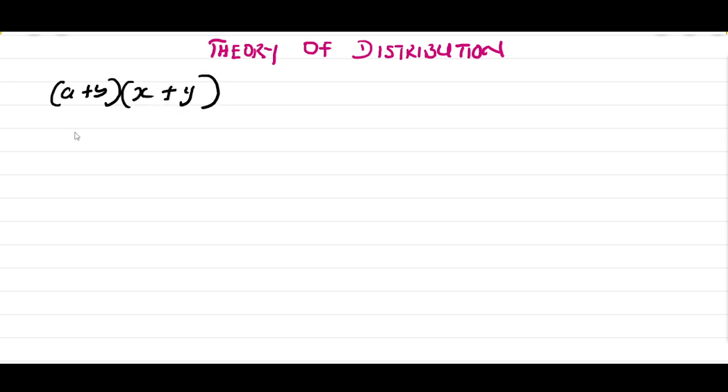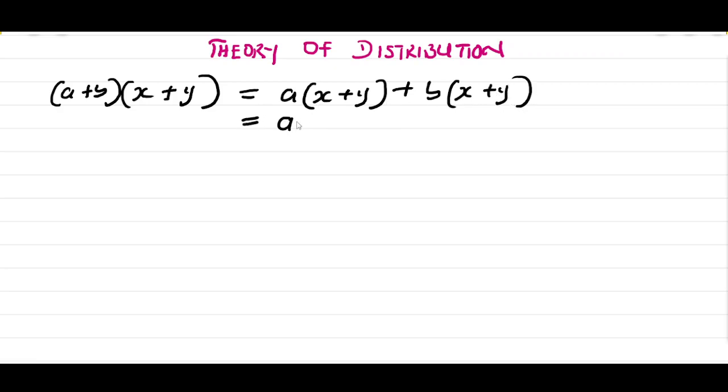Here, the correct approach is to use a multiply by (x + y), then we add it with b multiplying by (x + y) as well, where we will then have ax + ay + bx + by. So here we have expanded this product out to this form.